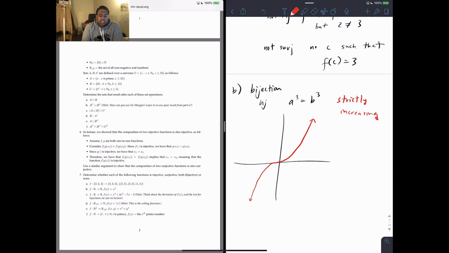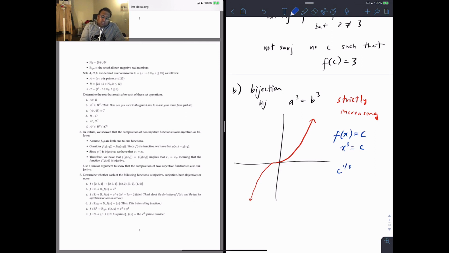Is it a surjection? Yes, because given any real number that I want as my output, suppose I want f of x to be equal to c, i.e. x cubed is equal to c, the input I pass into the function is just c to the 1/3.